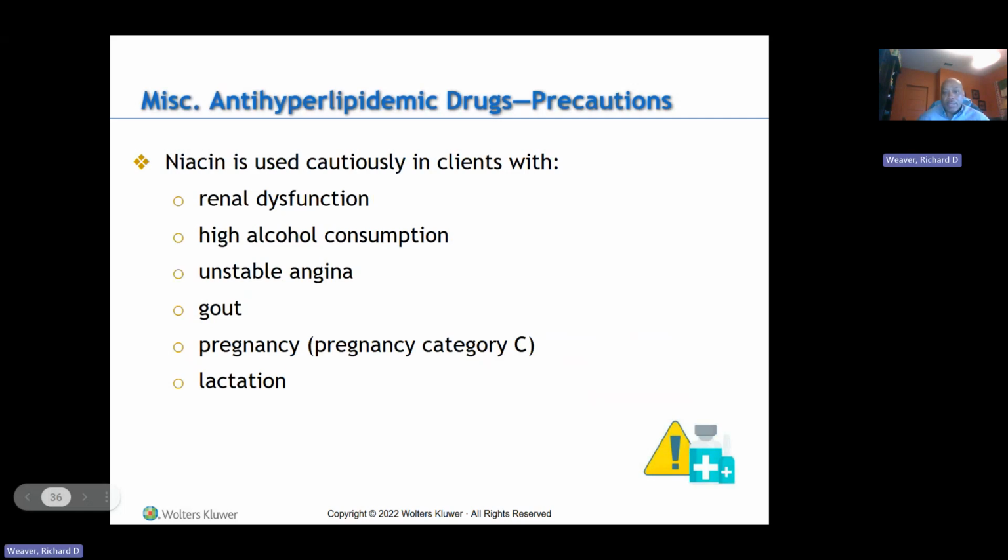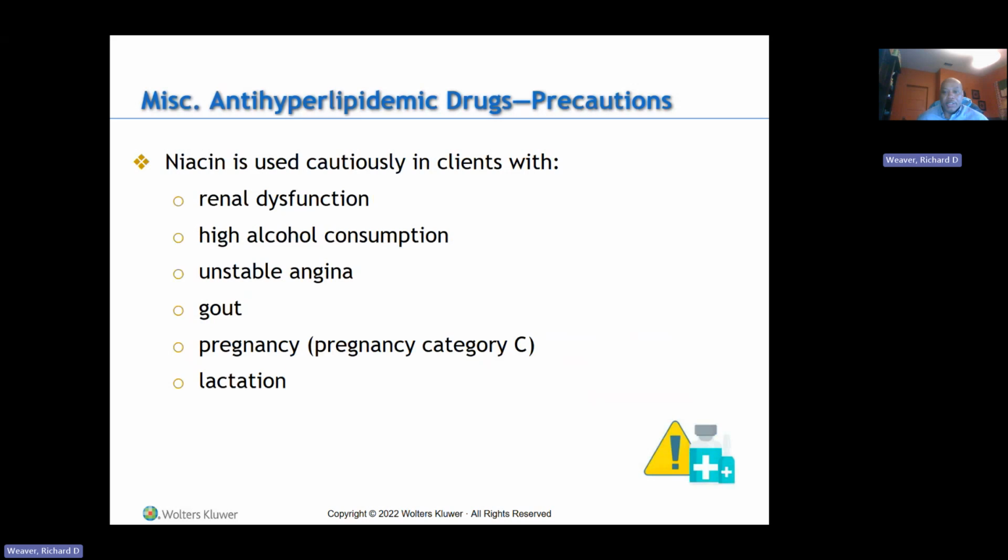Now, with this drug, there's an increase in uric acid levels, so that's why we wouldn't want to use it with gout, because with gout, that's actually the primary issue. This increase in uric acid gets into these large joints and forms crystals, causing significant pain.